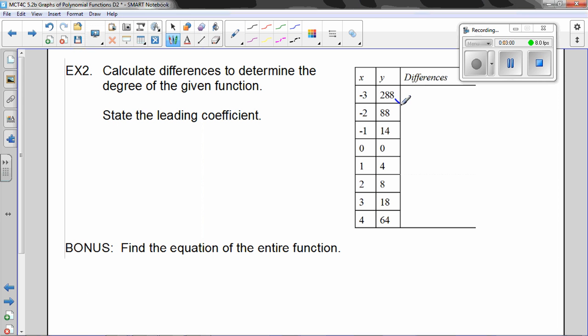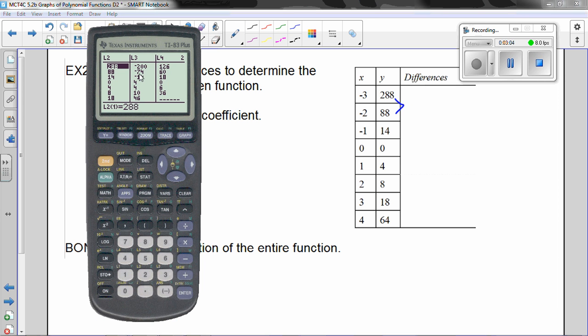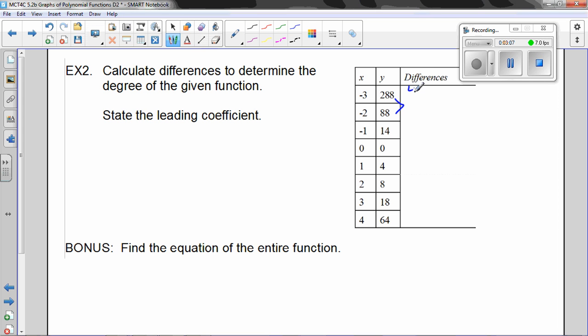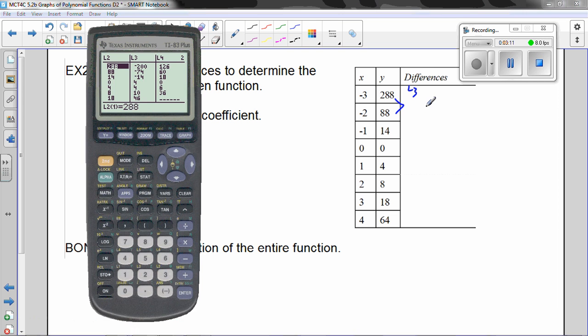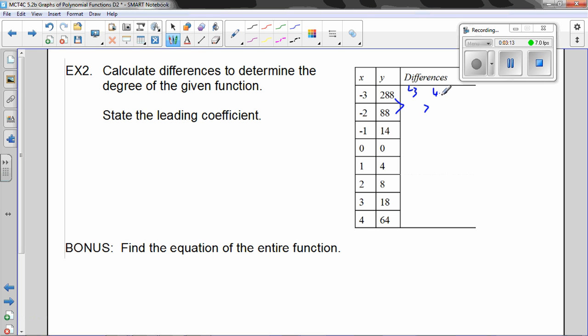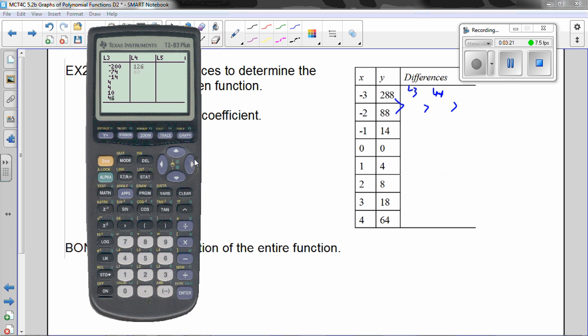But the first set of differences is this one. List 3 was the first set of differences. And then list 4 was the second differences. And then list 5 was the third differences.